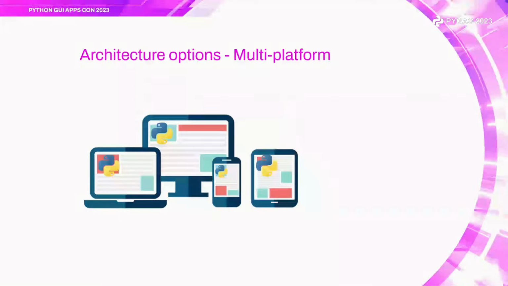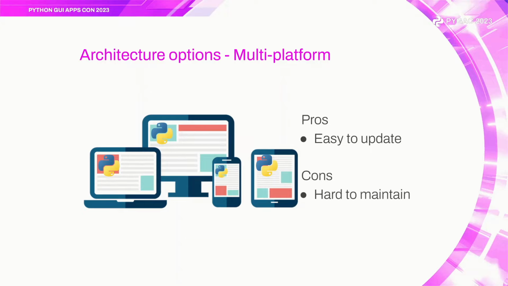So for the last architecture option, we have multi-platform. Multi-platform has the pro of being very easy to update, because we have to deal with only one structure, one application, and all the platforms will receive that version, that update immediately. But the con is that it is very hard to maintain, because you have to deal with all the different aspects of all the different platforms in a single application, and that can be very hard.